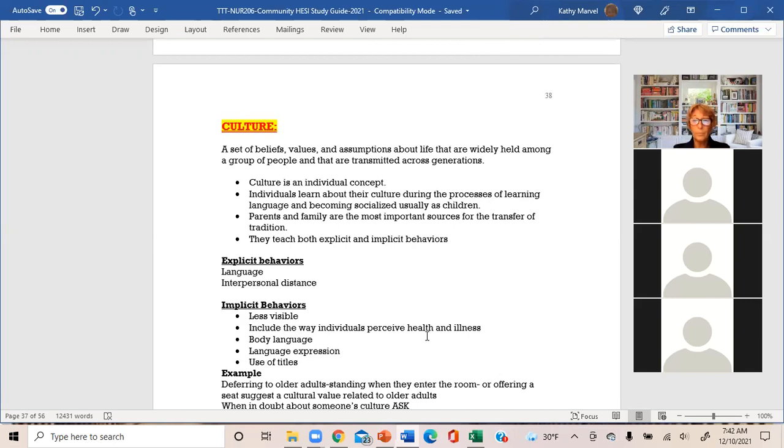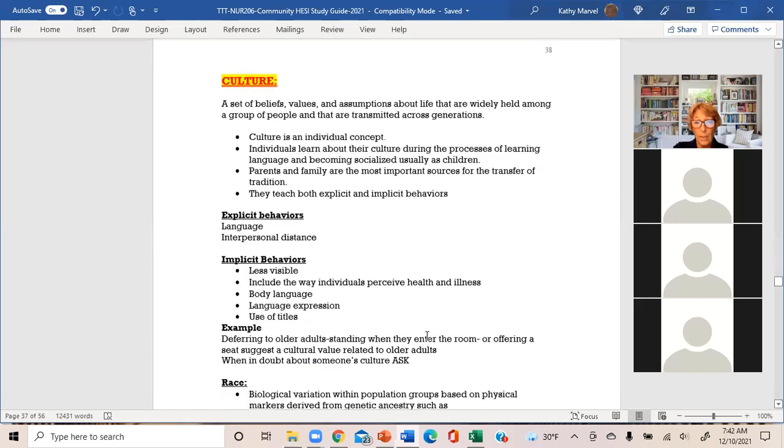Right. And we talked about this. What's the most important thing to establish right off the bat? Your own bias and your own culture. Okay. And trust. Remember we talked about that? Working with anybody, whether they're from a different culture or not, you have to establish trust.